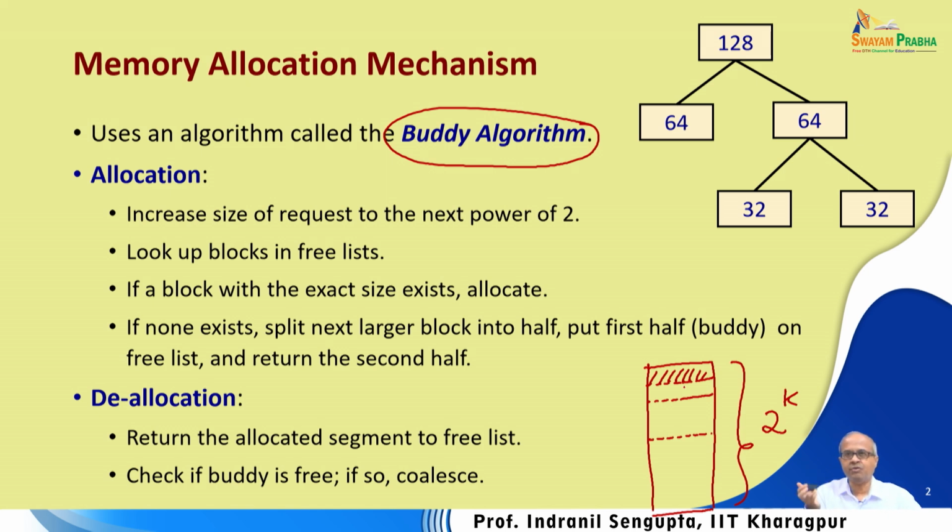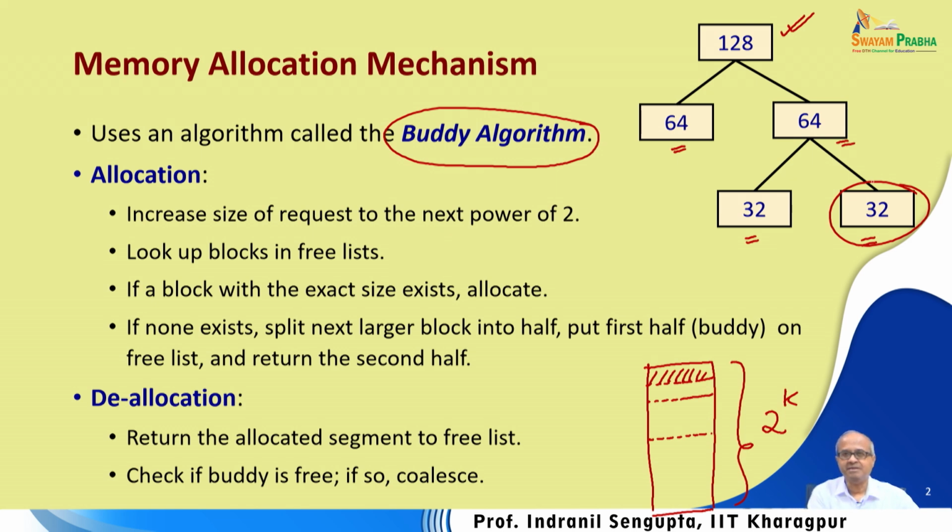So, when you are allocating space, like in this diagram which I am showing on top, suppose initially the size of this block was 128, 2 to the power 7. But your request is for 32, 32 means 2 to the power 5. So, 128 is divided into two buddies, 64 and 64, and one of the 64 is further divided into two buddies, 32 and 32, and one of the 32 you can allocate.